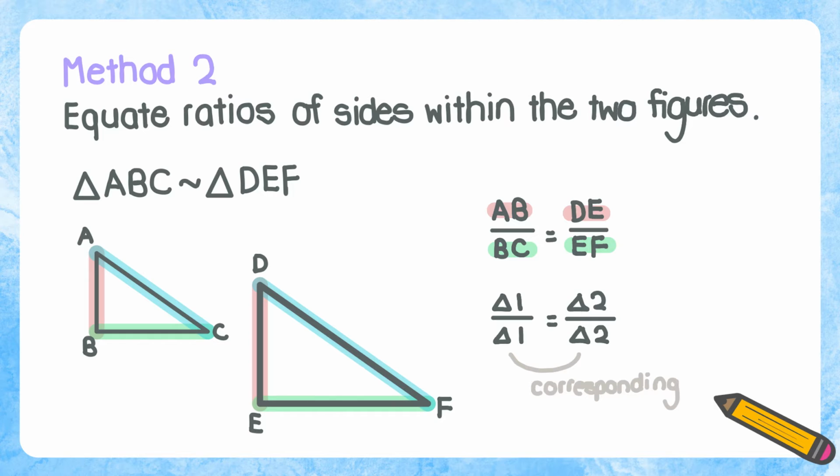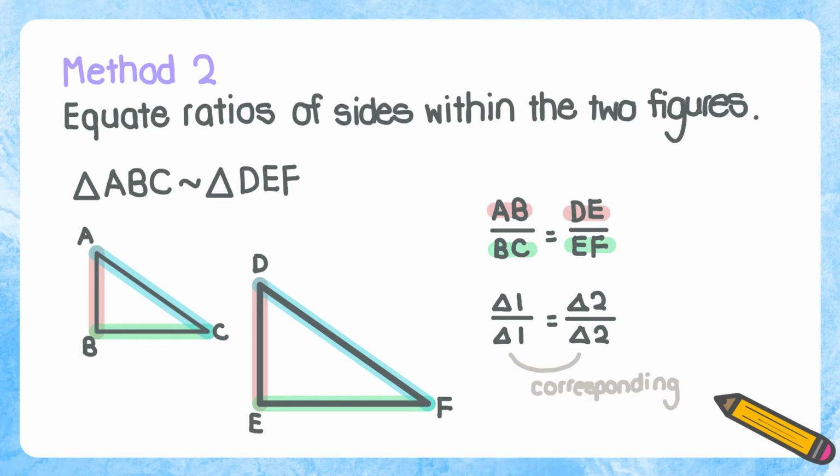So in this method, on the left side, we set up the sides used in triangle 1. And on the right side, we set up the sides used in triangle 2. Notice how in this method, the corresponding sides are no longer batched together, they're separated. So in this method, we're batching the proportions based on the triangles.